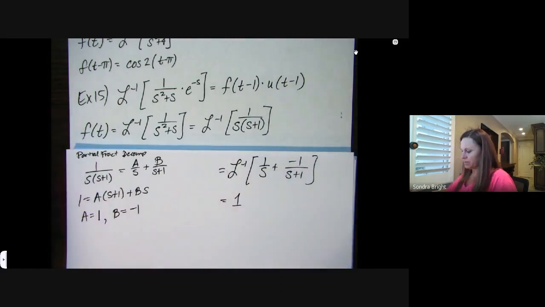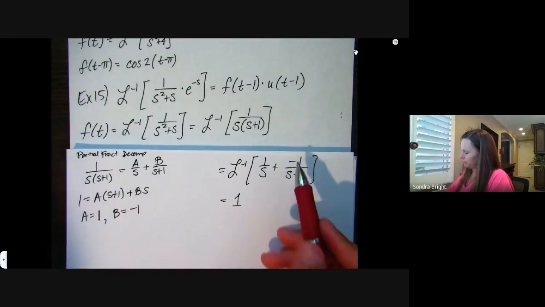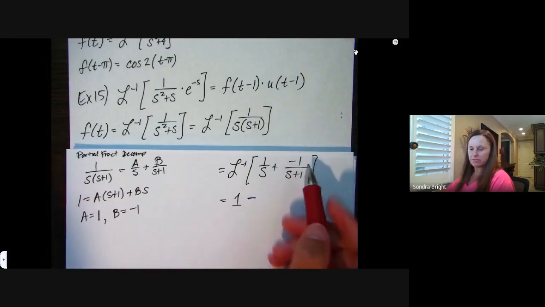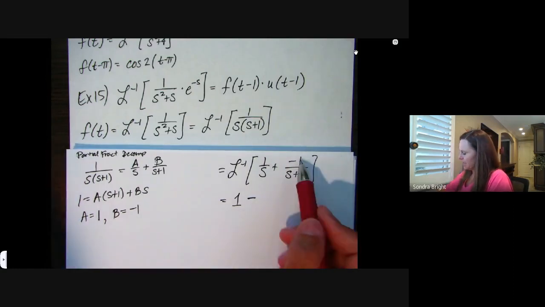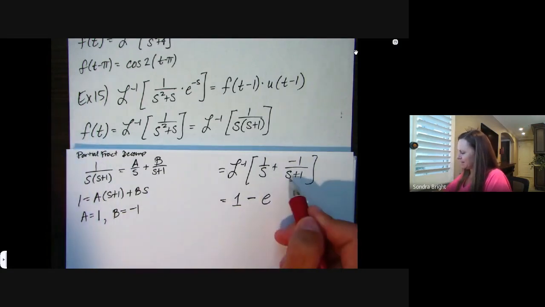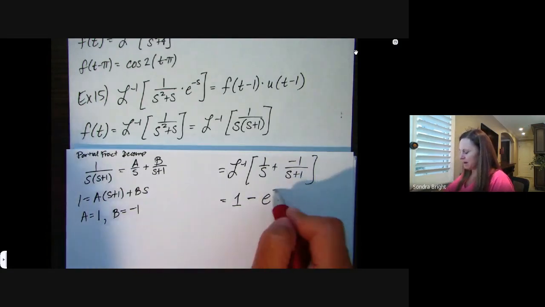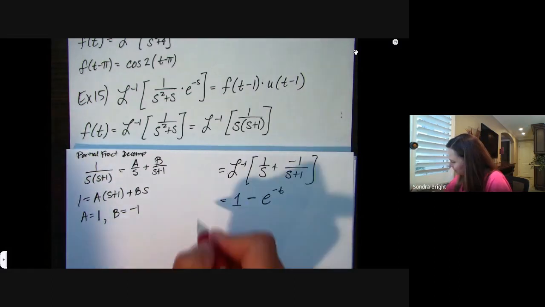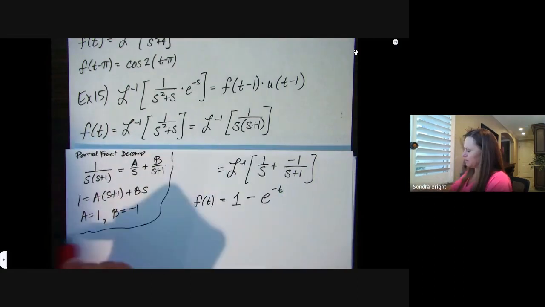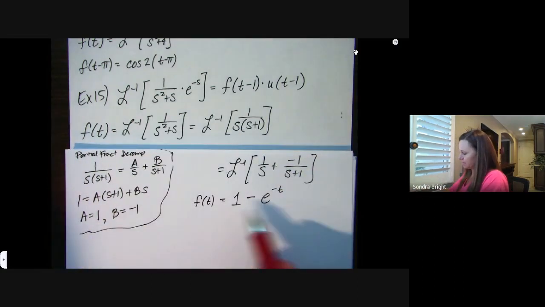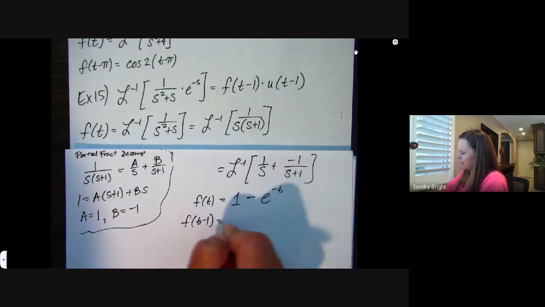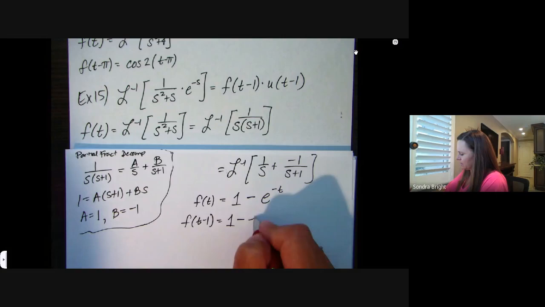And with the negative there, it's a minus, and the inverse Laplace transform of 1 over s plus 1 is e to the negative t. Remember, it was always s minus the number. So that's little f of t. Just a little side note there: little f of t is equal to this, which means little f of t minus 1 would be 1 minus e to the negative of t minus 1.